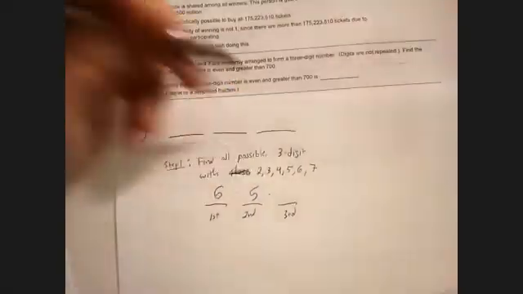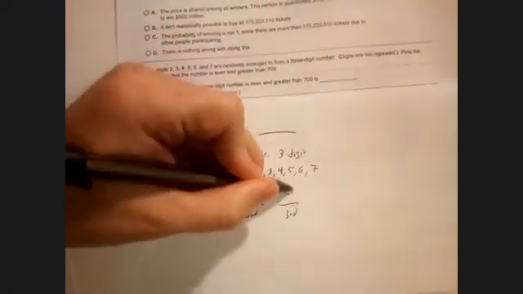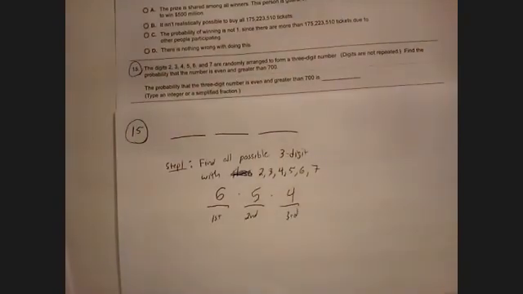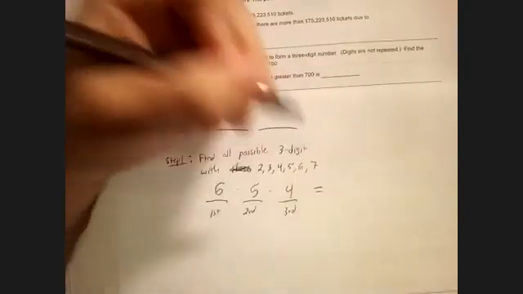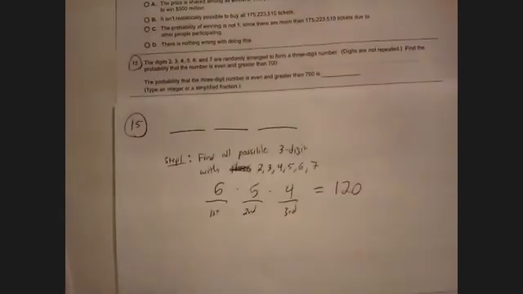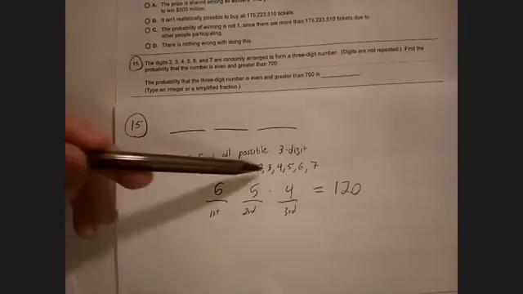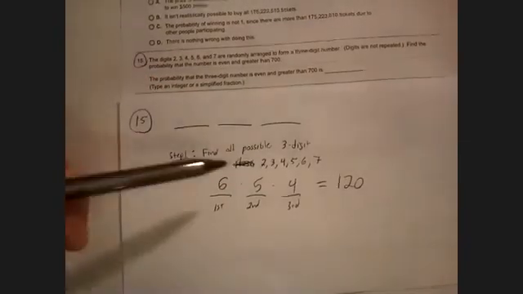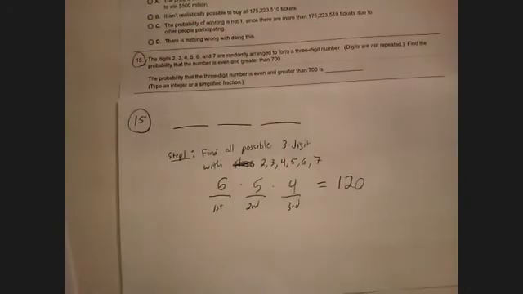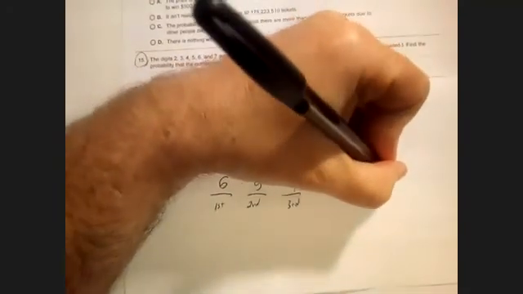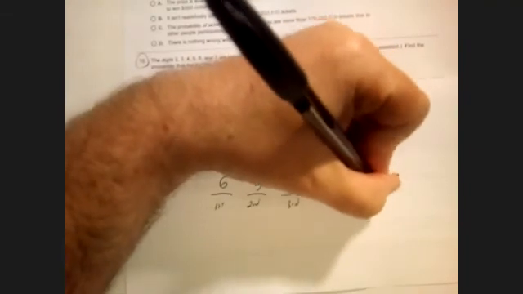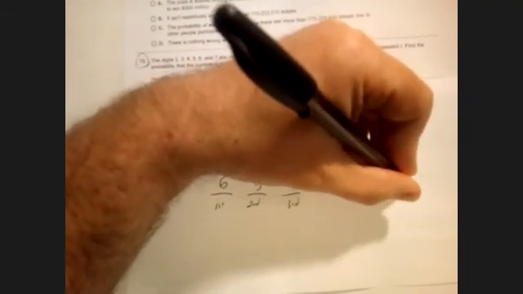If I put the 3 next, then I have 4 left. So this is a permutation question. I find that it's easier with just the blanks. So 6 times 5 times 4 is 120. This is the denominator. That's all the possibilities.